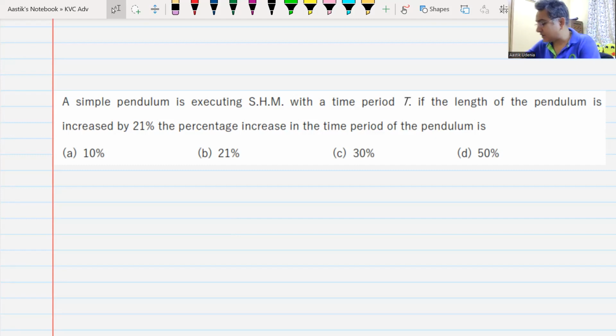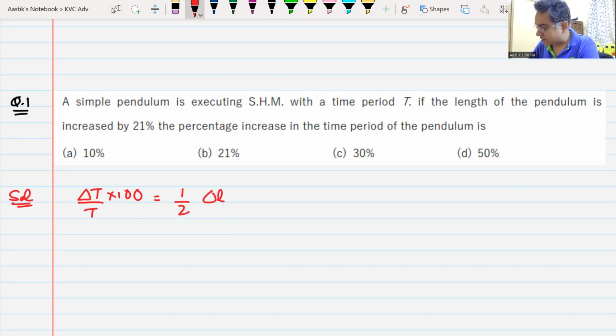Now, I will not waste much time because there is no point of giving you time on this. The formula that we had seen: the change in time period is half of the change in length in percentage. Now remember, this formula is valid only for small change, 1%, 2%.